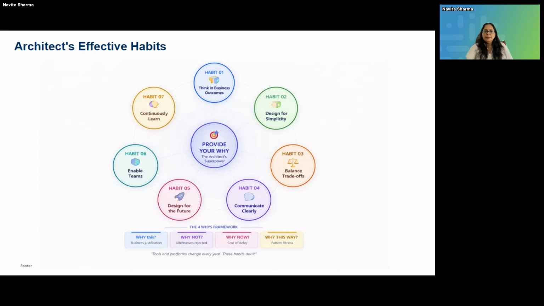Next is balancing trade-offs, right? As we have spoken so much about trade-offs, every decision requires a cost. It could be in terms of people, third-party systems, license cost, or the risks, or other costs as well, the legal and compliance issues, credibility issues, and all that.